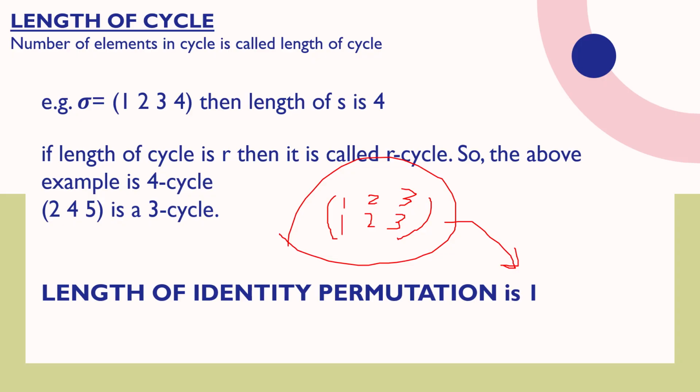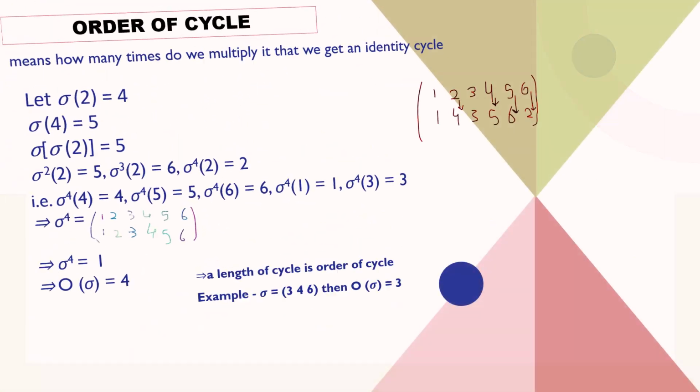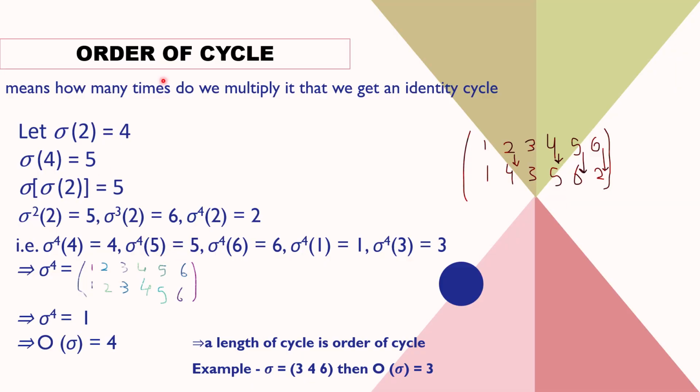All right. Next we have the order of a cycle, meaning how many times we multiply a cycle so that we get an identity. So what does this mean? Let's suppose you have a cycle from S6, because there are 6 elements, 1, 2, 3, 4, 5, 6.